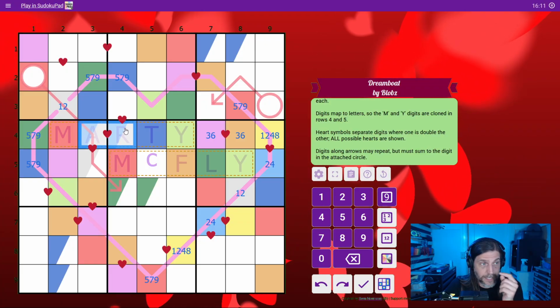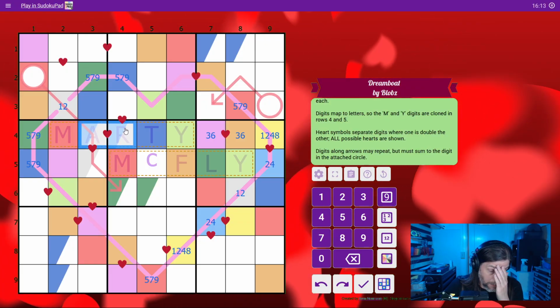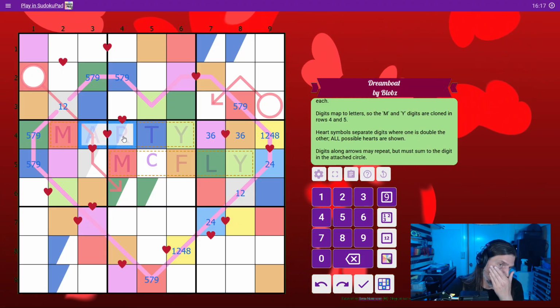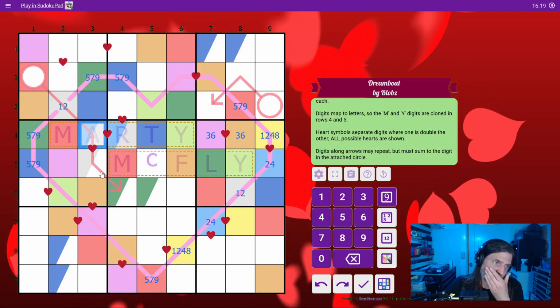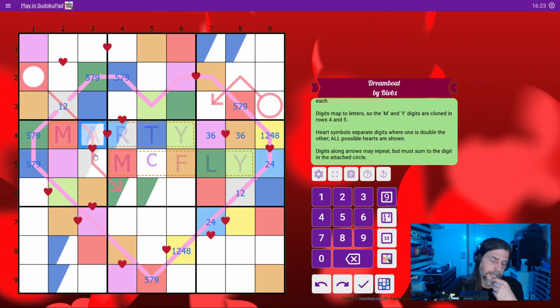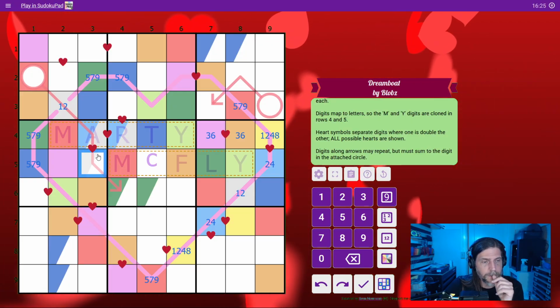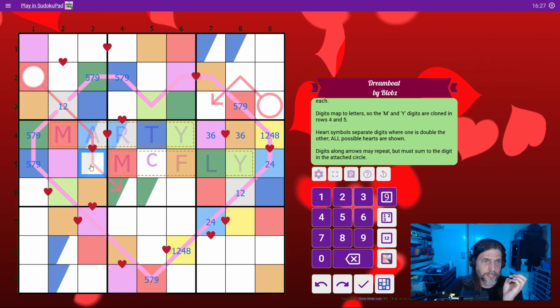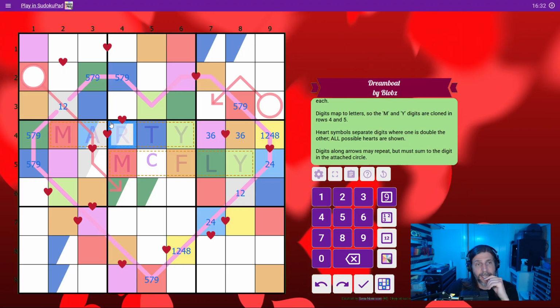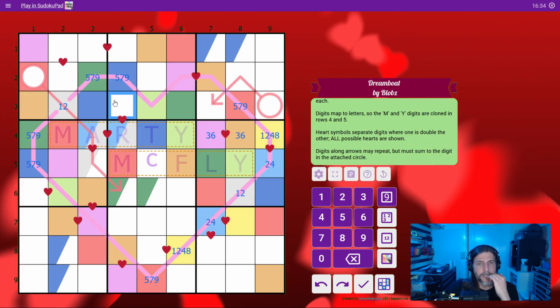Gray can definitely go with blue. That is true. But this digit also has to be able to go with someone else. This digit has to be able to. So what are our options? That could be gray, and then that's blue, and then that's gray again, and then that's blue.